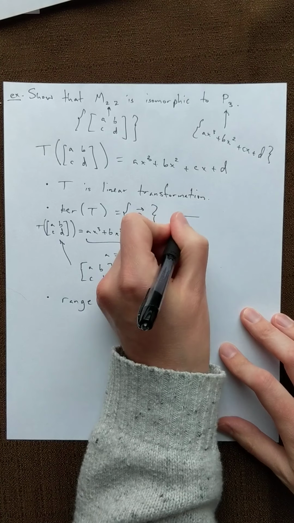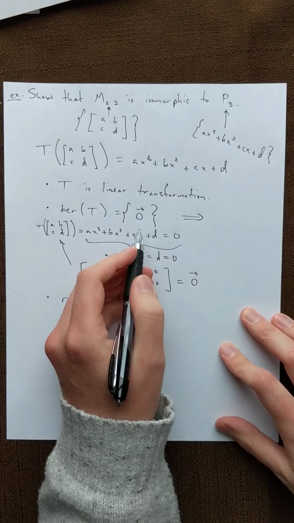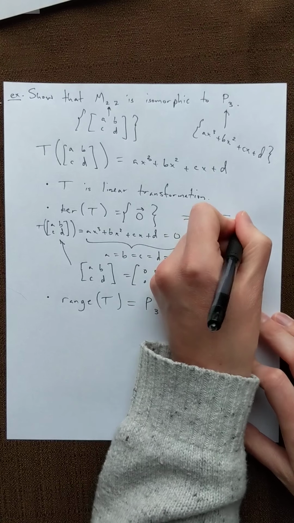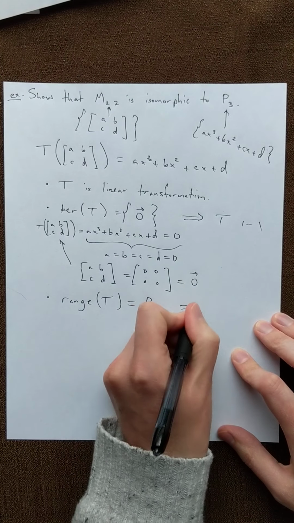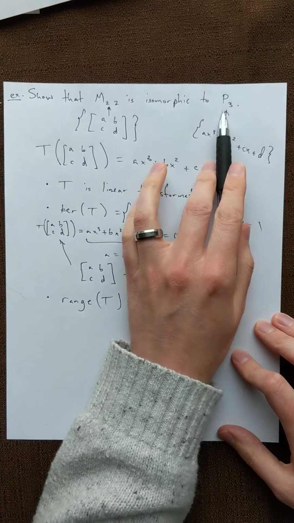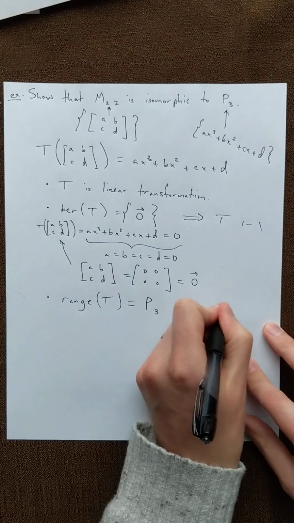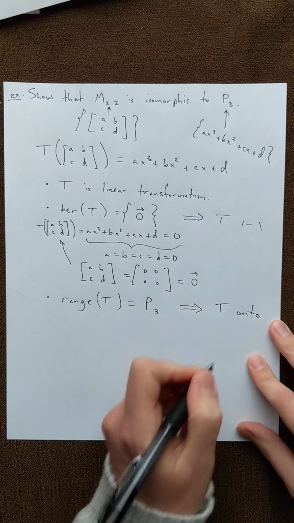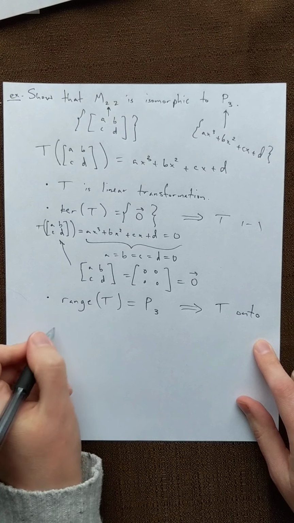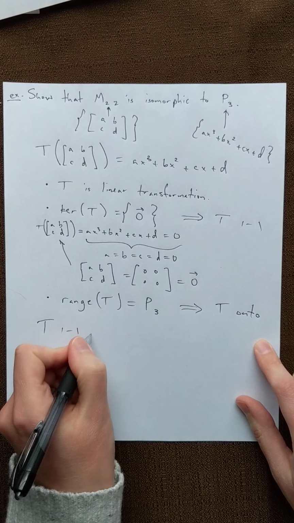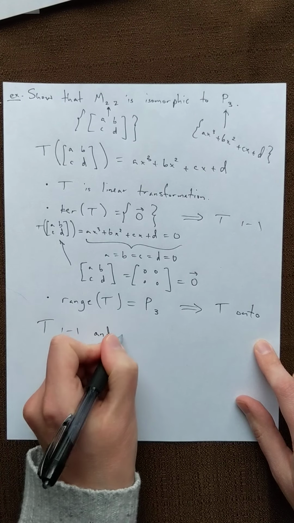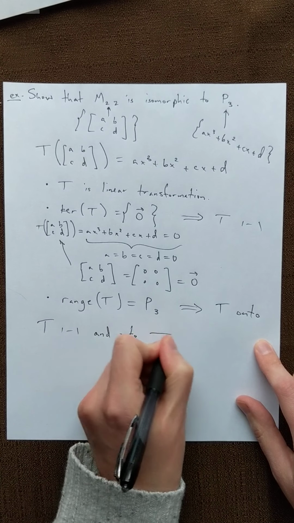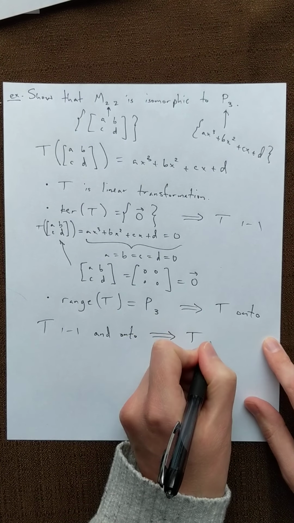So the kernel being the 0 vector means that T is 1 to 1. The range being the output space means that T is onto. And if T is both 1 to 1 and onto, that means that T is an isomorphism.